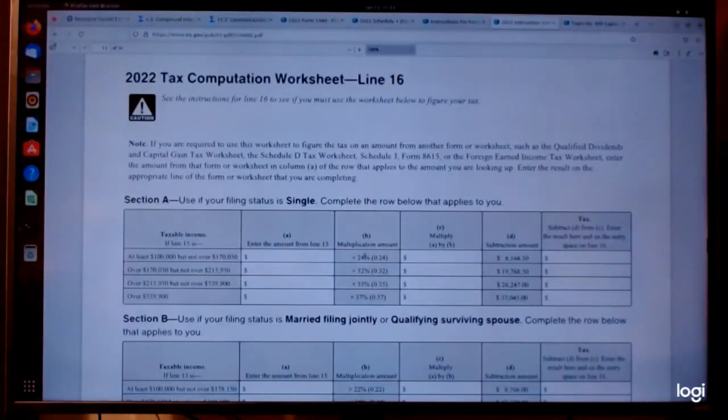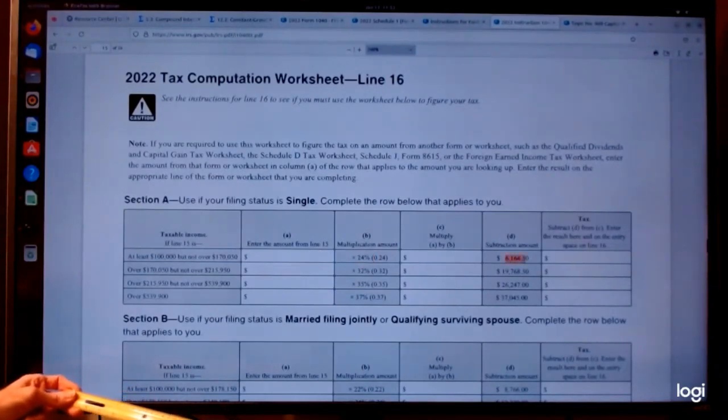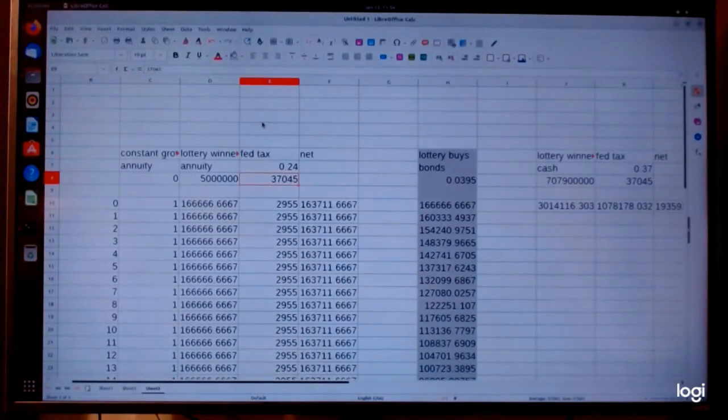tax. The tax rate is 24% because that's in between that income bracket. And then it's 6164. 24% at 6164. That's 0.24 and 6164.